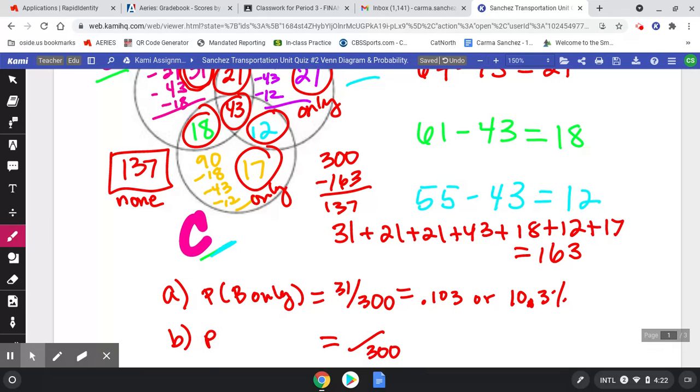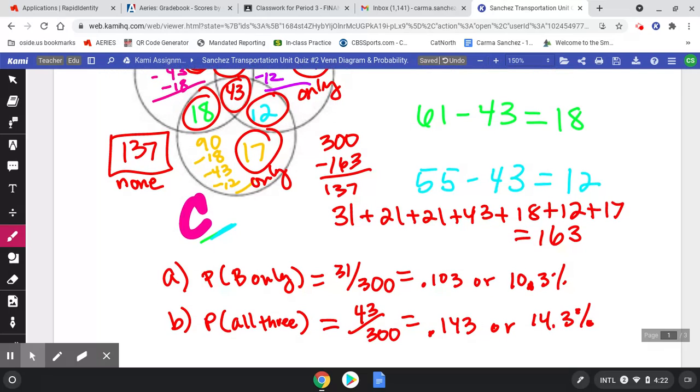What was the probability that someone chose all three? Well, that's your middle intersection of 43. I get a 0.143 or 14.3% when I move the decimal twice. Finally, they might ask you, what is the probability that they like CarPlay and backup cam?